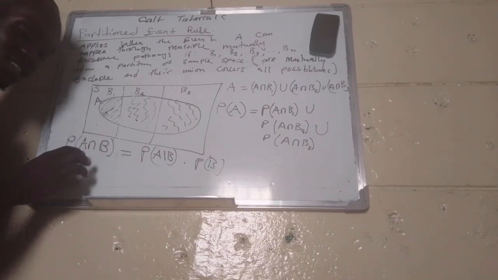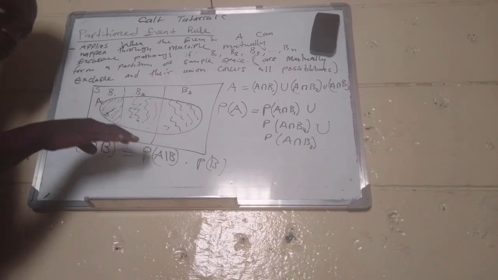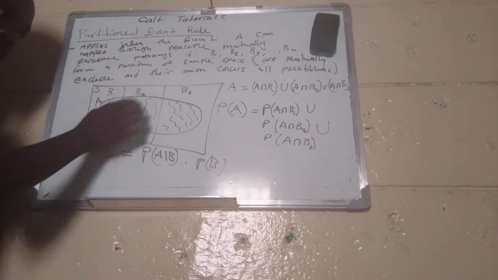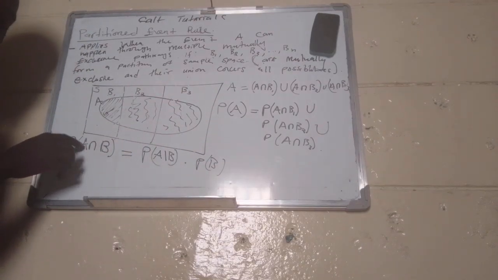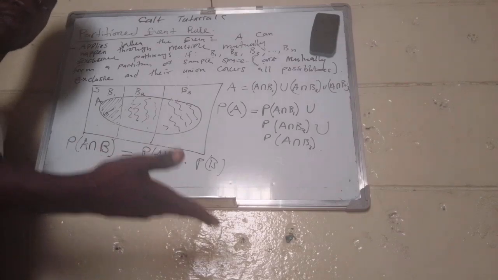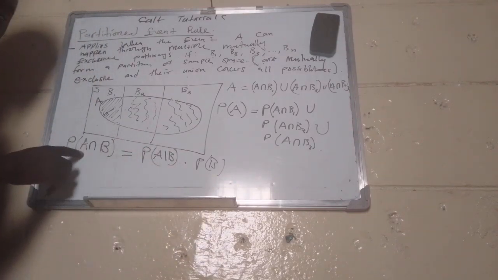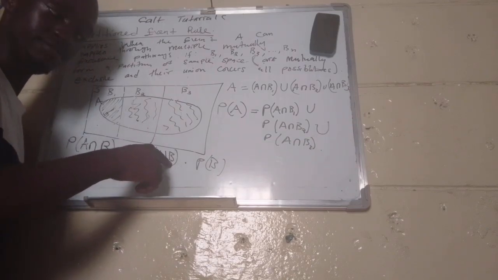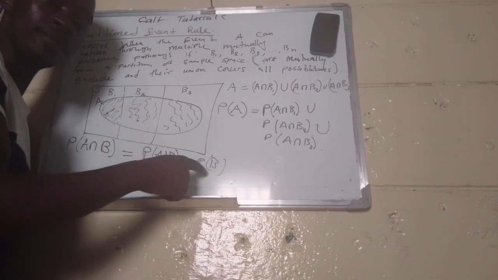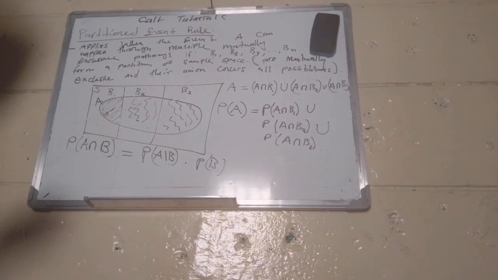The probability of A is not just an exact probability of A. It can be found in a situation where it is in B1, B2, or B3. That is why, to find the probability of A, it is given which partition A belongs to. So the probability of A intersection B is equal to probability of A given B multiplied by probability of B. This is where the total probability comes about.